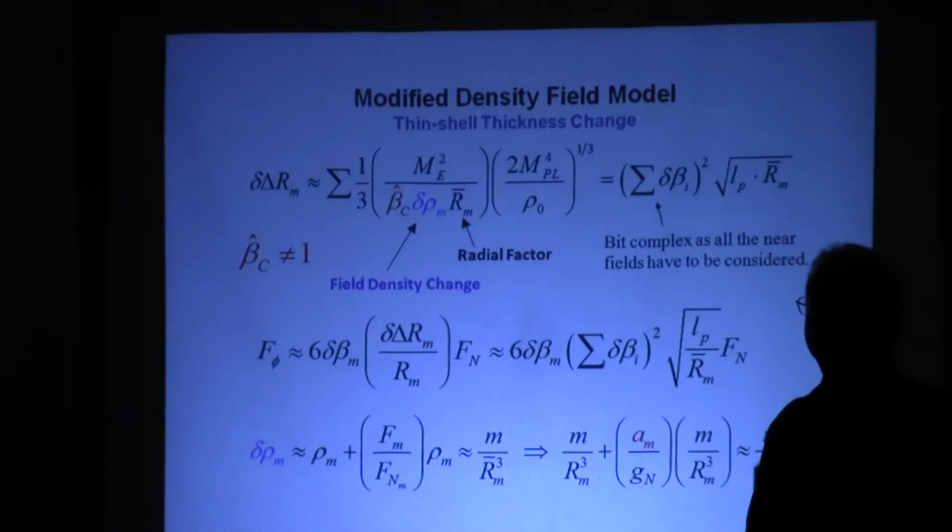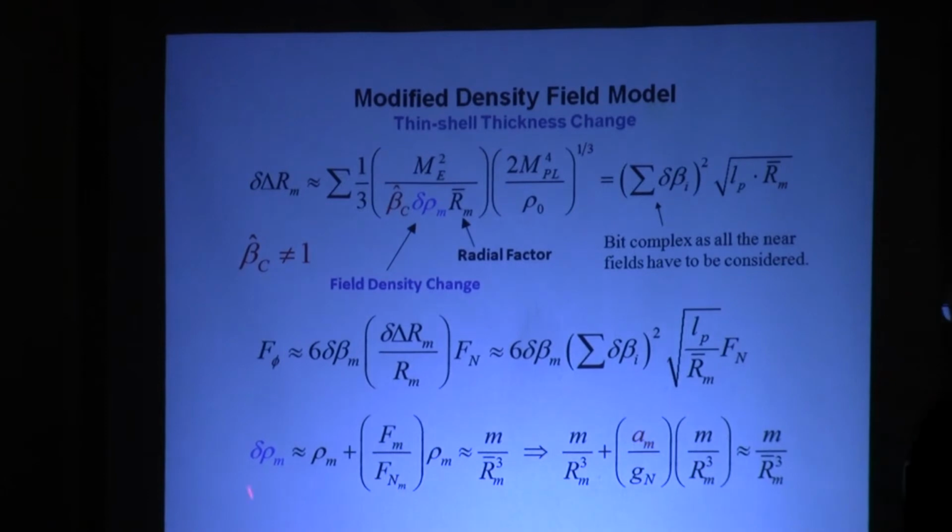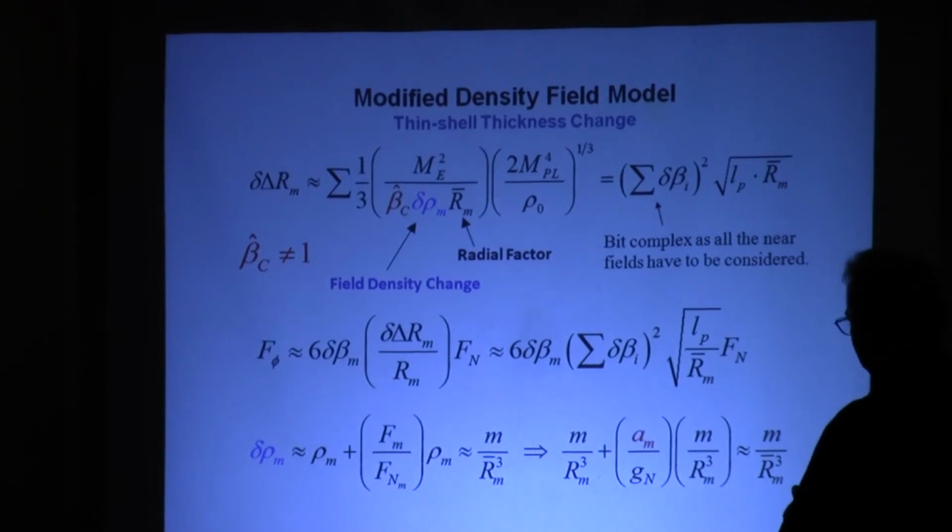Here's a bunch of mess of stuff. Well, here's the key point: the density field density is now a function of the acceleration. It's actually the force being input on the density field over the Newtonian force, which is the force of the local biggest mass that you're near. Really this is the sum of all of them that's keeping this local.